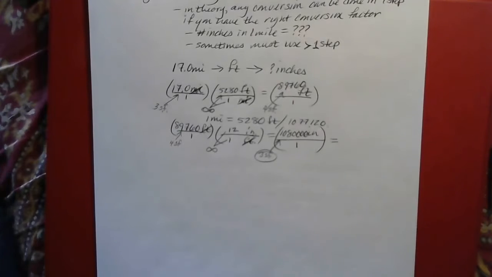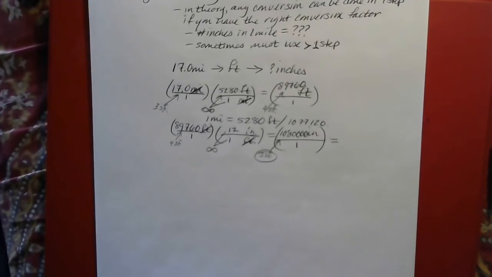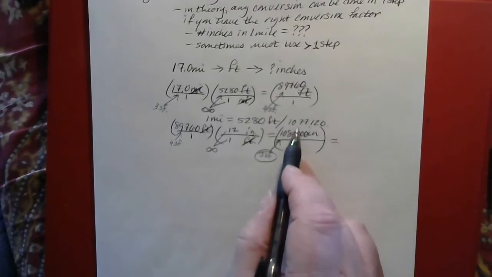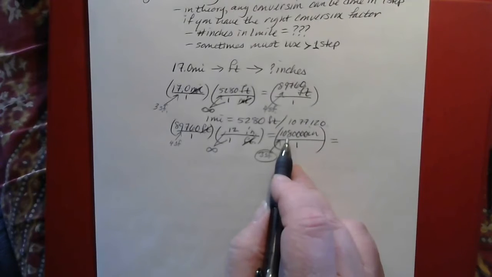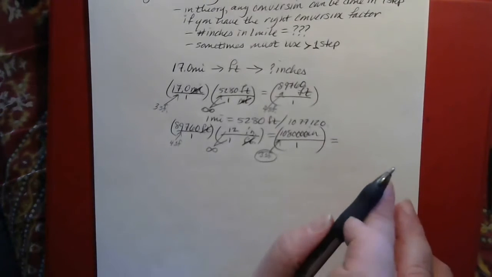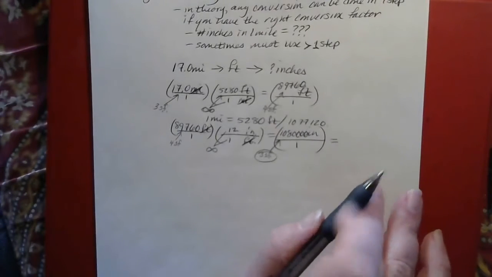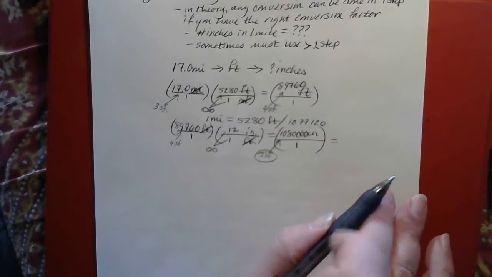Now, as I said when we were going over significant figures and scientific notation, when you write 1,080,000 with no decimal point, it's ambiguous how many significant figures it has.